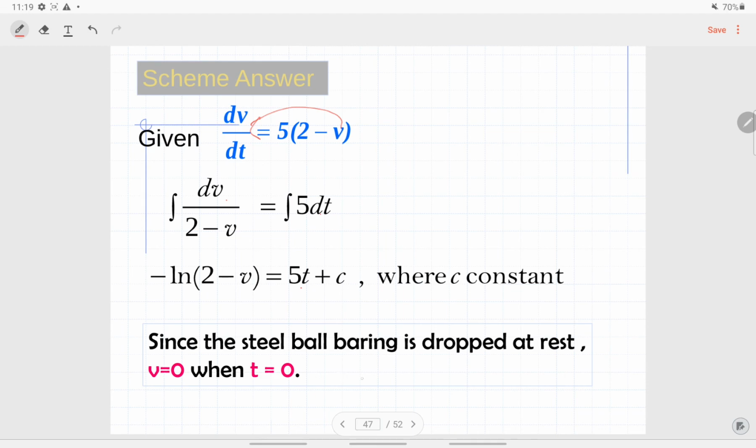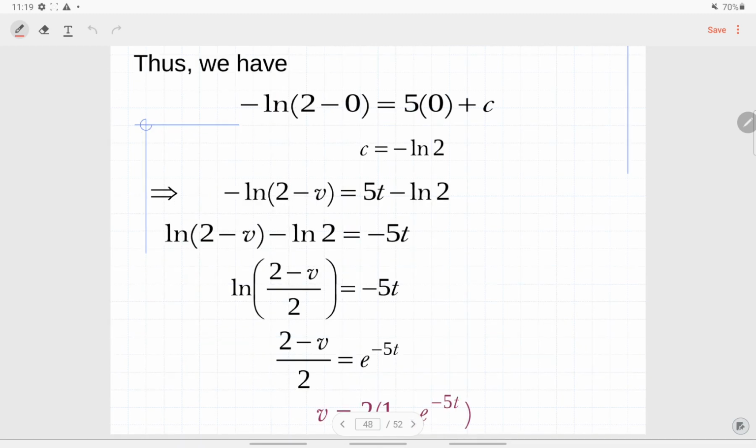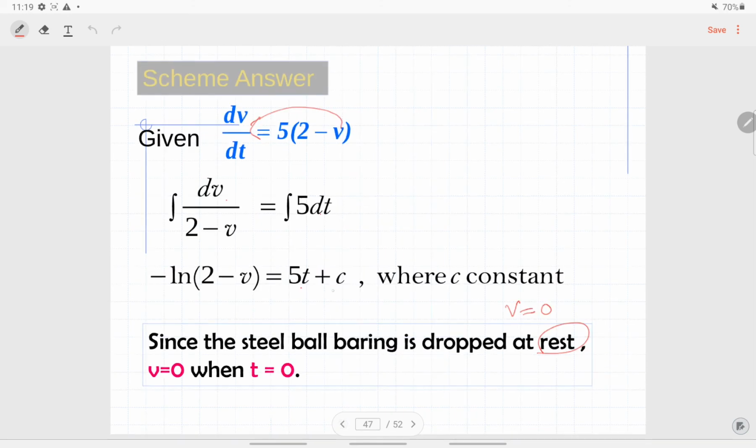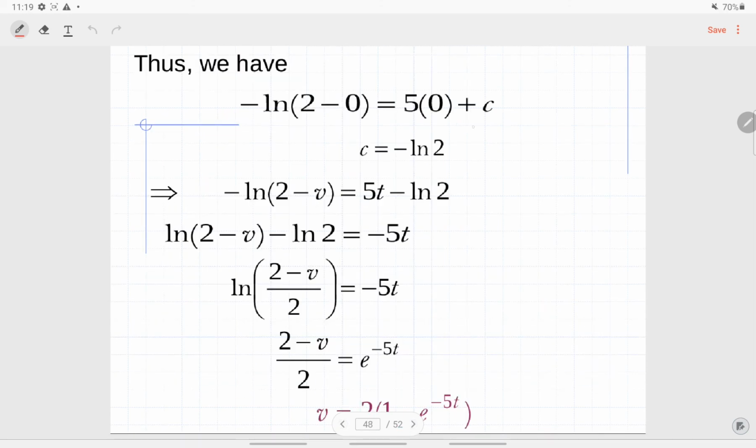Since the steel ball bearing is dropped at rest, it means that v equal to 0 when t equal to 0. So negative ln(2 minus 0) equal to 5t plus c, we substitute t equal to 0. We get c equal to negative ln 2.